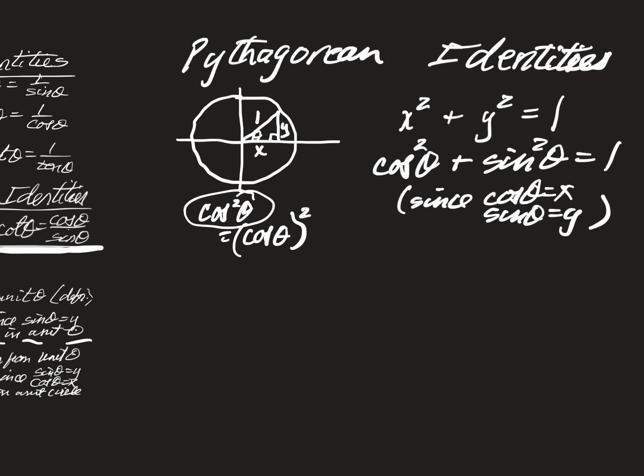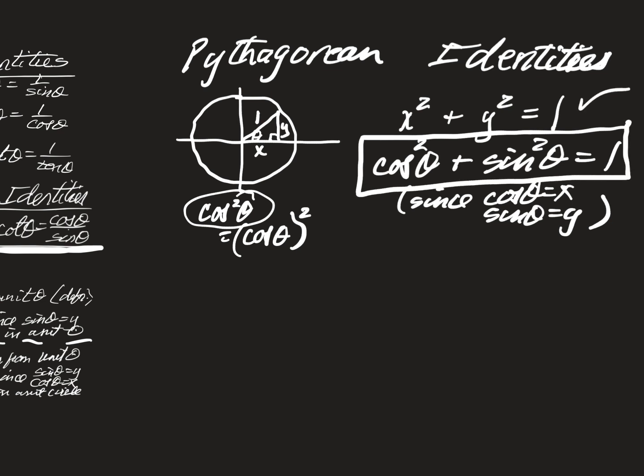So now we have written this statement right here, cosine squared plus sine squared equals 1, or if you wish, sine squared plus cosine squared equals 1. This is a Pythagorean identity because it comes from the Pythagorean theorem.